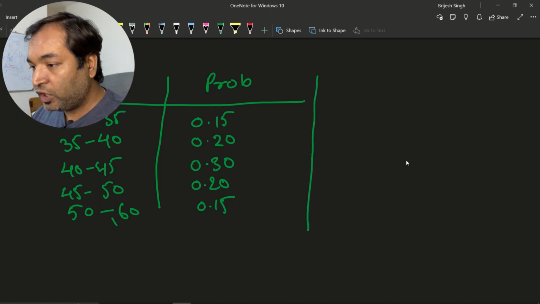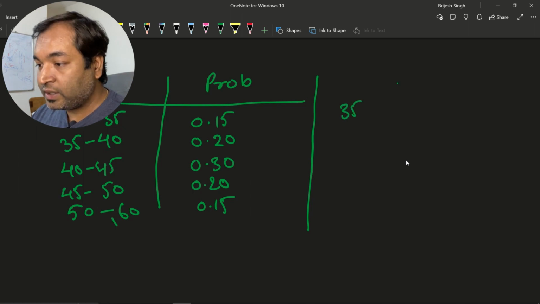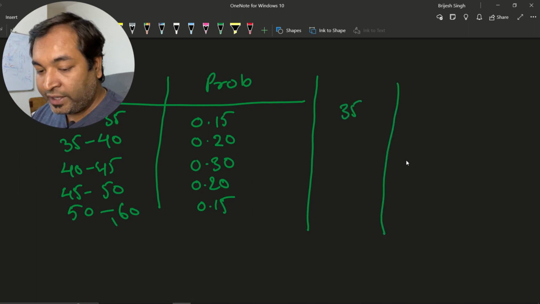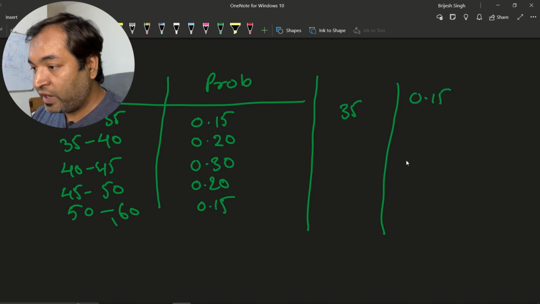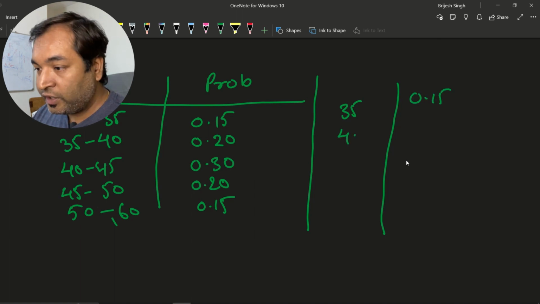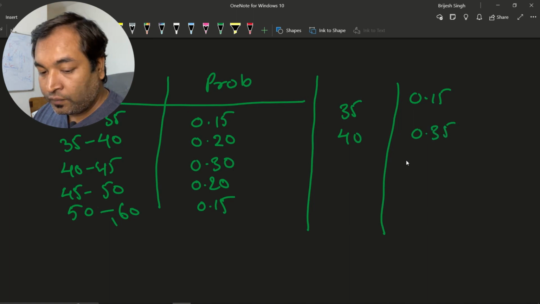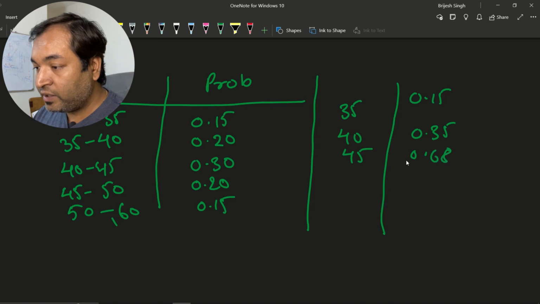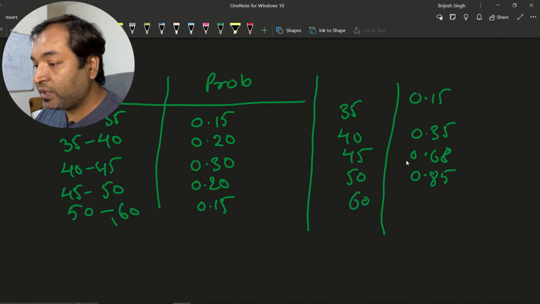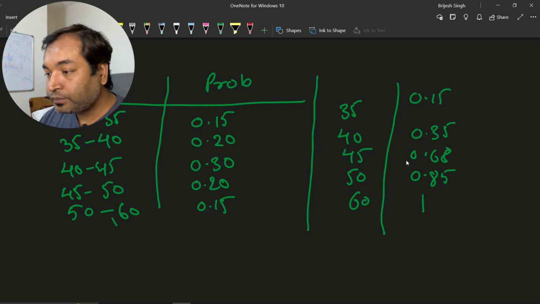So for cumulative probabilities, up to 35 minutes the probability is 0.15. Up to 40 minutes, 0.35. Up to 45 minutes, 0.65. Up to 50 minutes, 0.85, and up to 60 minutes it is 1, right?